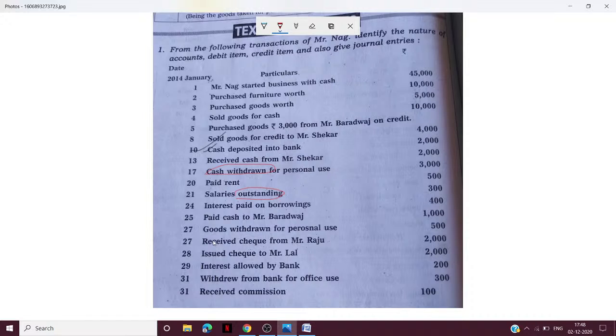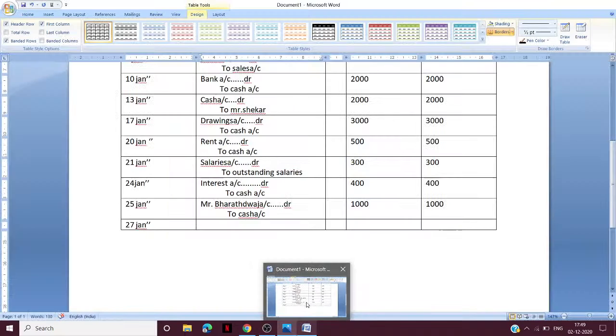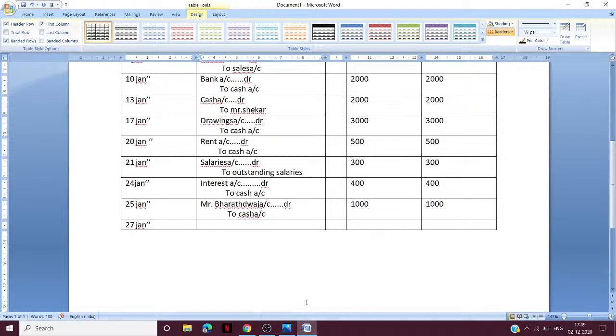So, goods withdrawn for personal use. As you can see, the same transaction here. Here we have withdrawn cash, here we withdrew goods. So, same transaction with little change. Instead of cash, you will get goods or purchases.